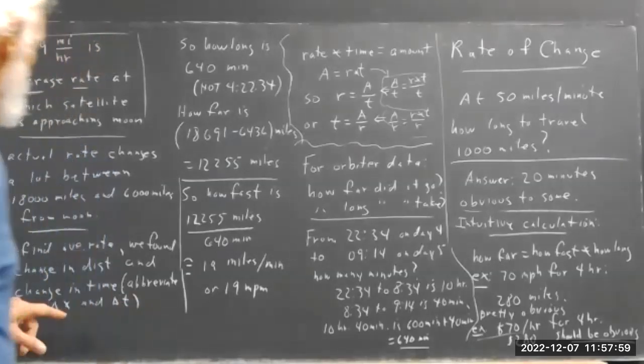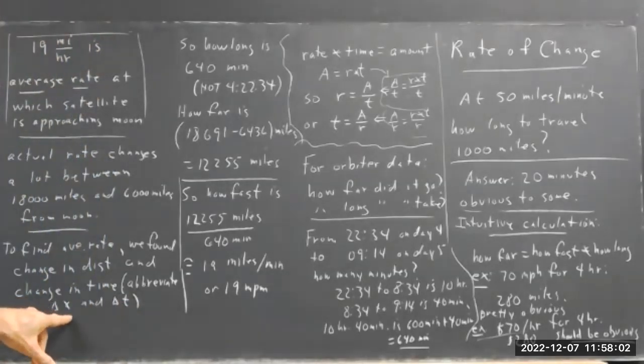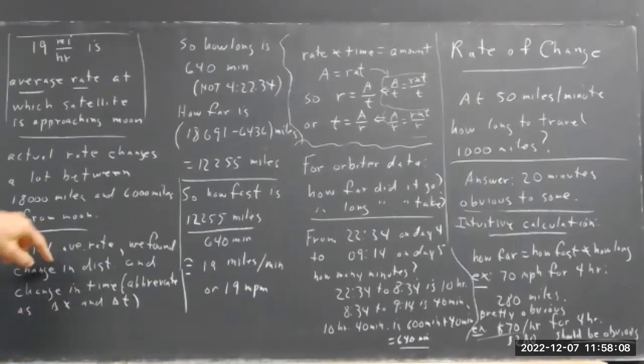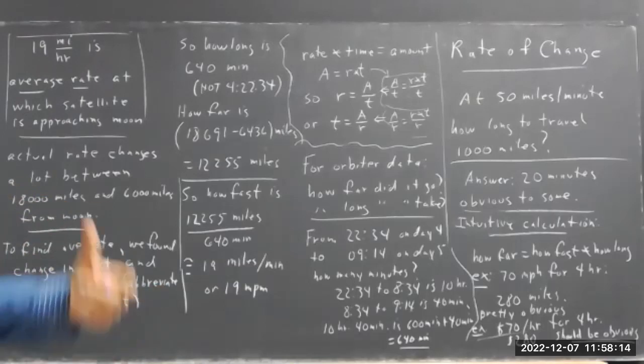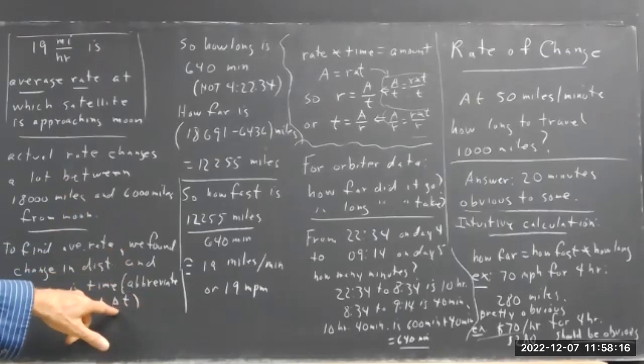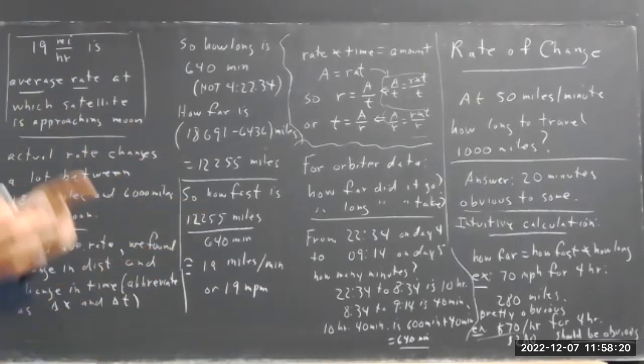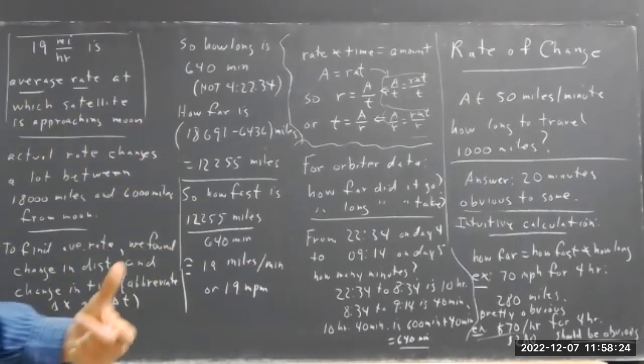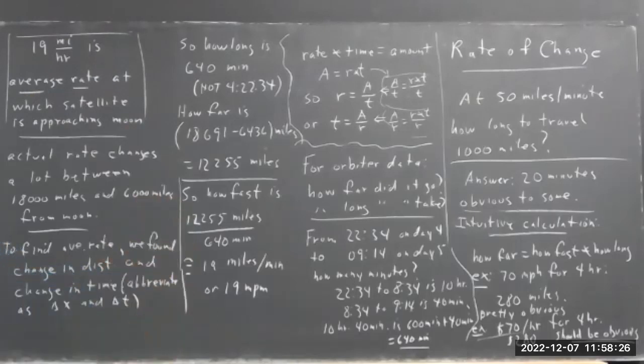And we abbreviate that as delta x. We're going to let x be the distance. In delta x, delta just means change. It's just a shorter way of writing change in, so we don't have to write all those words. And it's more compact, so if you understand this means a change in distance and this means a change in time, you can see it at a glance. You don't have to read all those words. But that's all it means. There's nothing mysterious about it.